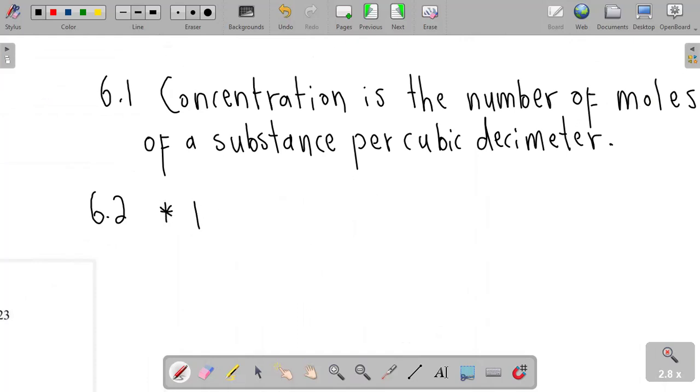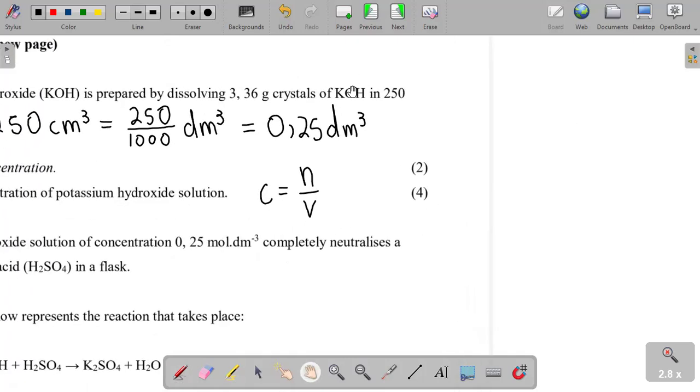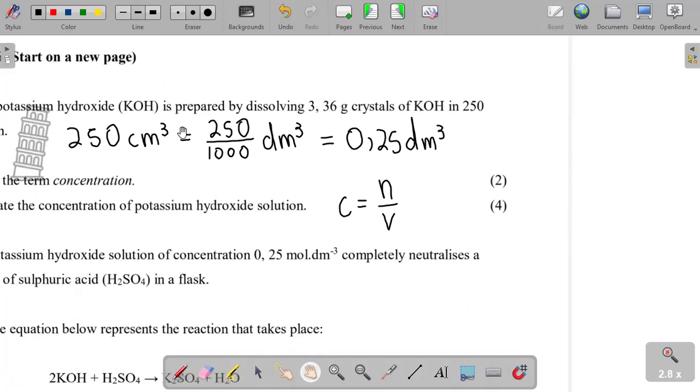So use the formula for N. N equals mass divided by molar mass. I said that the capital M is obtained from the periodic table, the bottom number, the denominator. They're talking about KOH, potassium hydroxide, so we must look at the K, the O, and the H from the periodic table.